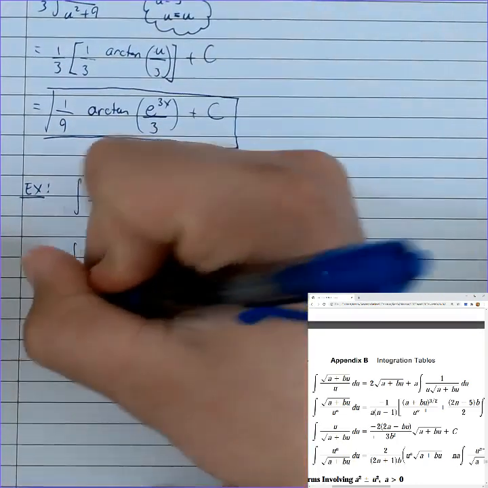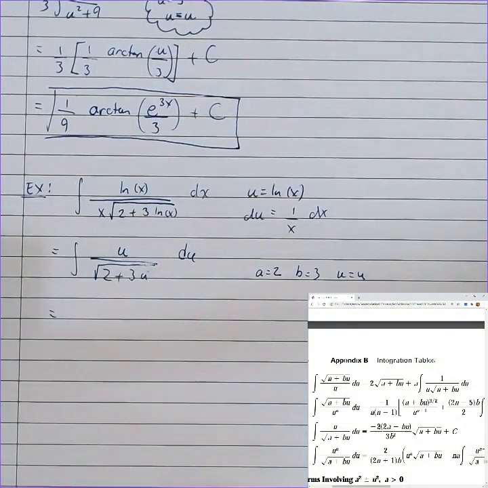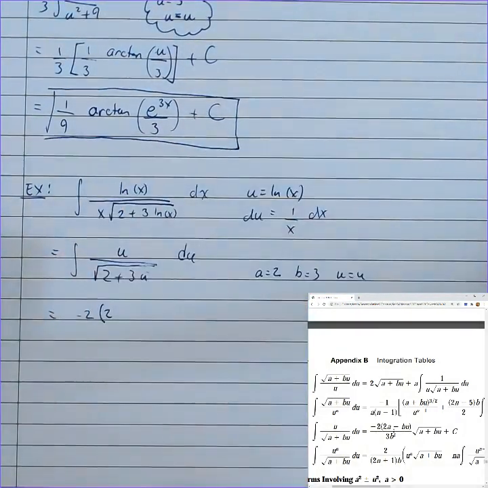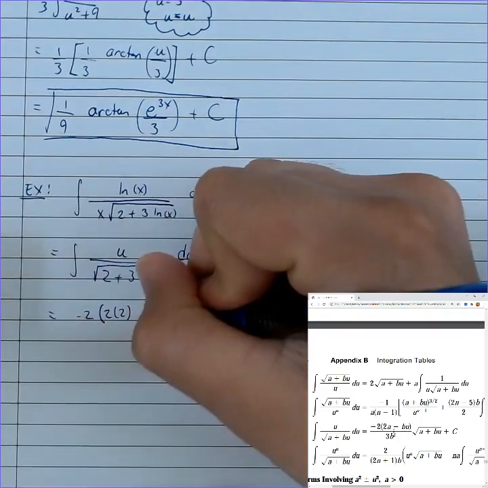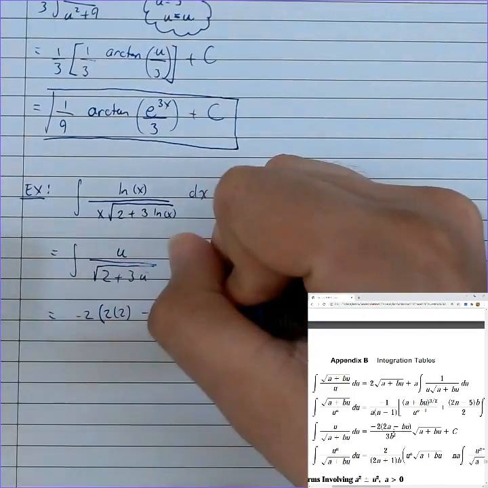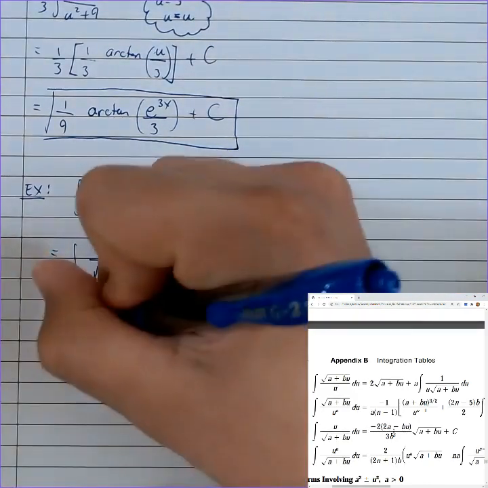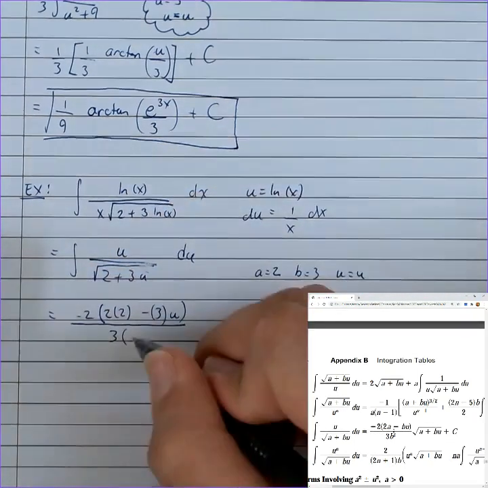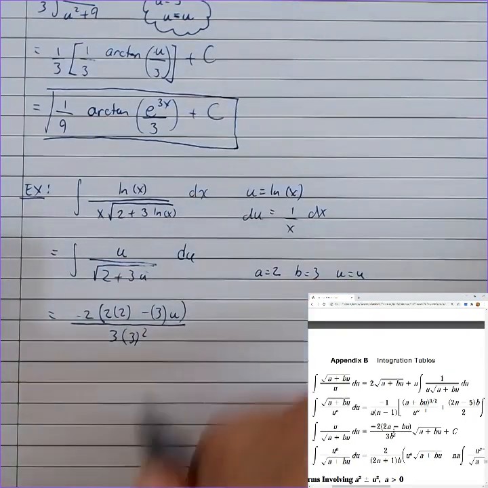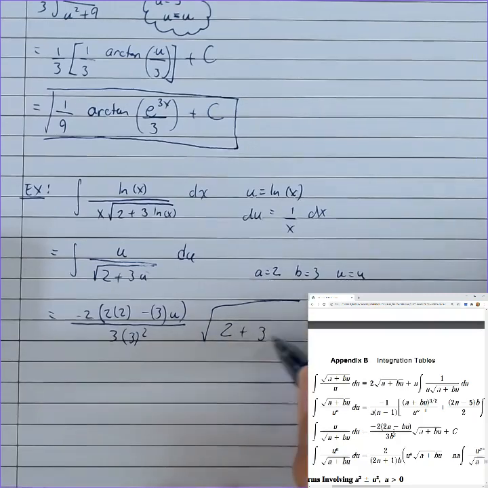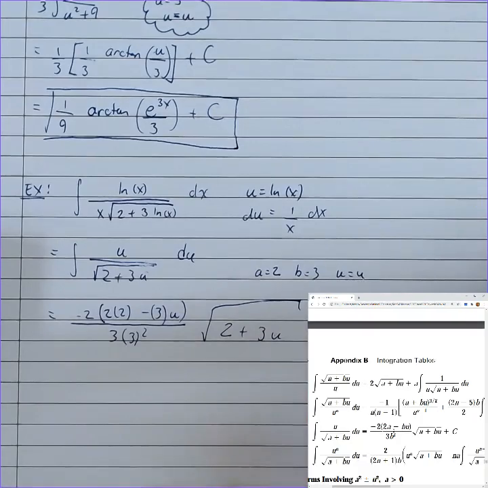So here that's going to equal, and now we're just using this formula here. It's going to be negative 2 times 2a minus b, which is 3, times u, over 3 times our b, which is also the number 3, squared, times the square root of a, which is the number 2, plus b, which is the number 3, times u, plus our constant of integration.